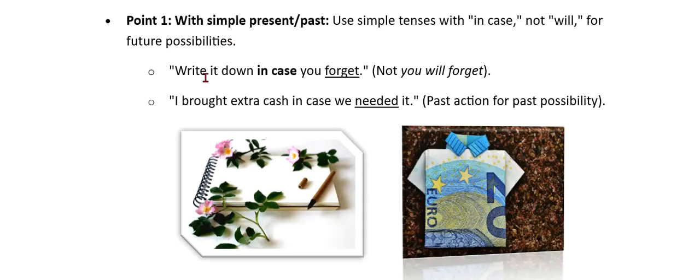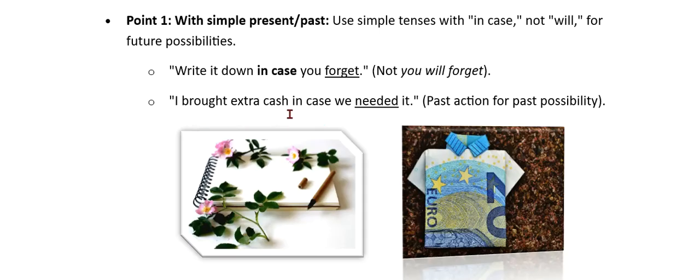For example, write it down in case you forget, not you will forget. As you can see, I have used simple present here. In case you forget, simple present. It refers to the future, but we use simple present.